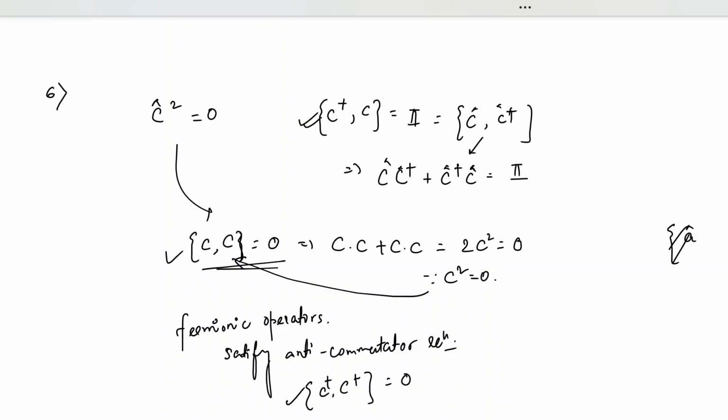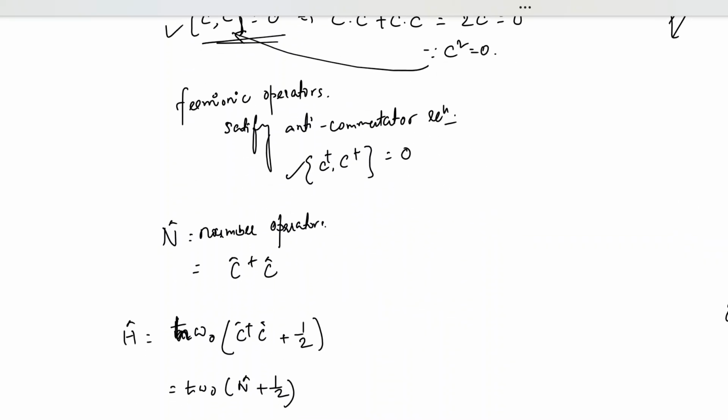Okay, so this you can replace by h cut omega naught, n cap plus half, and n cap is your number operator. Now, because you cannot state that this is directly the harmonic oscillator case, you can formally represent a number basis state n as a linear combination of two states, 0 and 1. What was in the question is that you had to find the eigenvalues for n equal to 0 and n equal to 1.